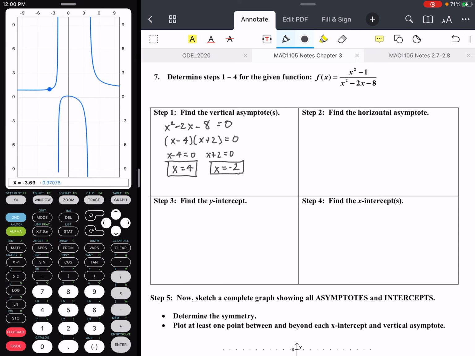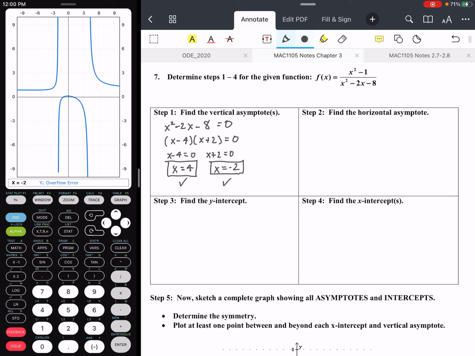There we go. So if I look at the graph, it does look like at x equals 4 and at x equals negative 2, I do have vertical asymptotes. So graphically, it looks like these are vertical asymptotes.